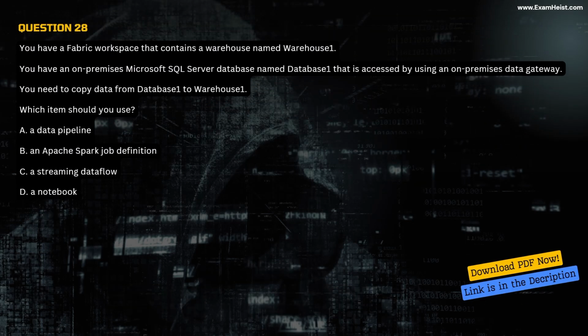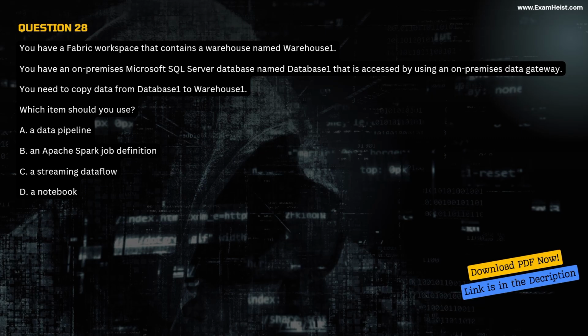Question 28. You have a Fabric workspace that contains a warehouse named Warehouse 1. You have an on-premises Microsoft SQL Server database named Database 1 that is accessed by using an on-premises data gateway. You need to copy data from Database 1 to Warehouse 1. Which item should you use? A. A data pipeline.